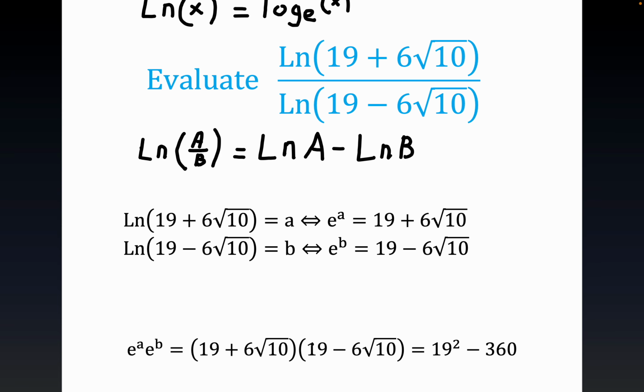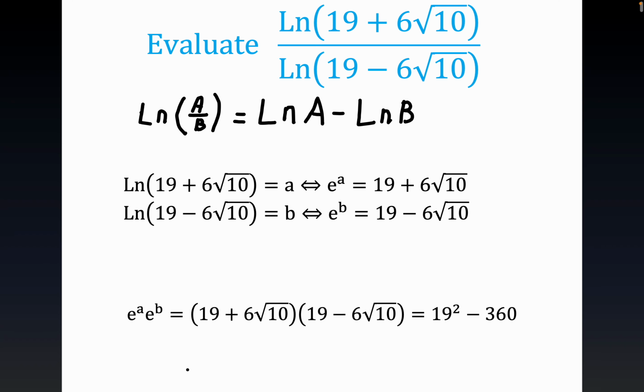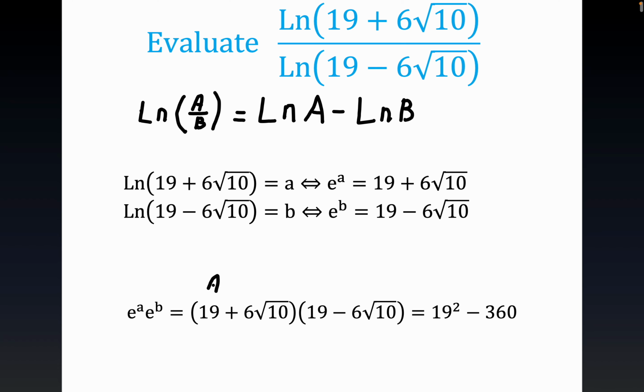Now, if we can figure out what A and B are, or a relationship between A and B, we'll be done with the problem. So let's just go ahead and multiply them together to take advantage of properties of exponents. And also notice that this is in the form A plus B. A plus B right here.